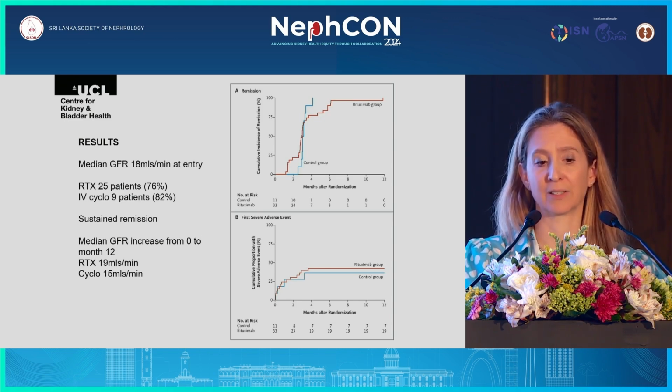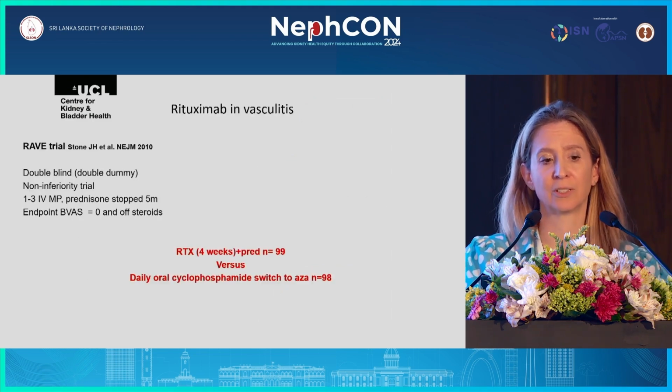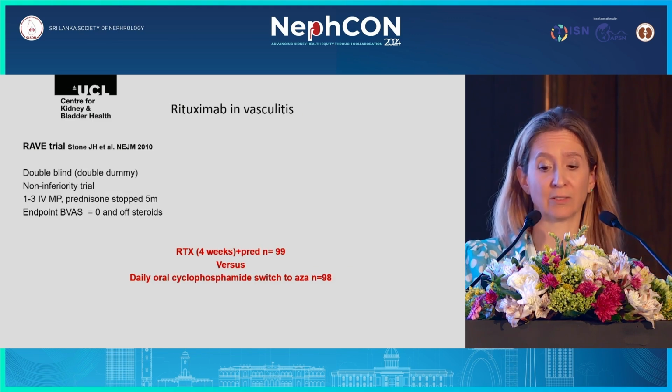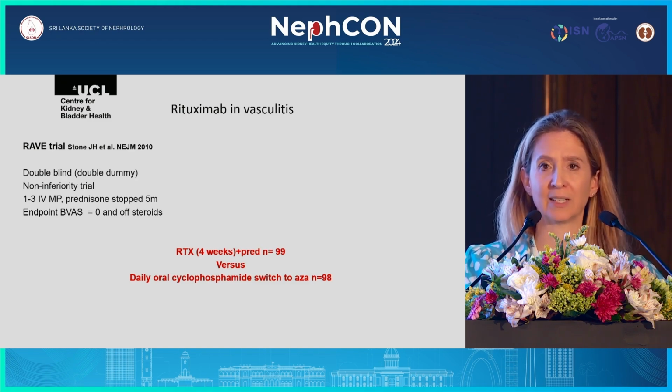The second trial to mention was a slightly different trial. It included patients not just with renal disease, but with extrarenal vasculitis as well, and was a non-inferiority trial of patients treated with steroids. The endpoint of this trial was a BVAS, so vasculitis activity, of 0, and being completely off steroids by month 5.